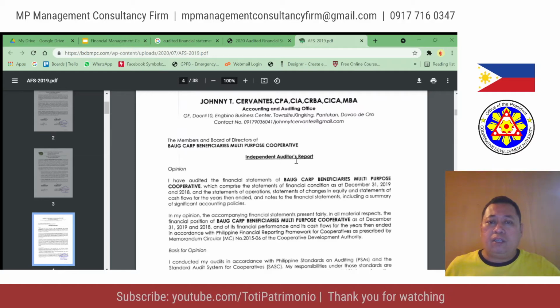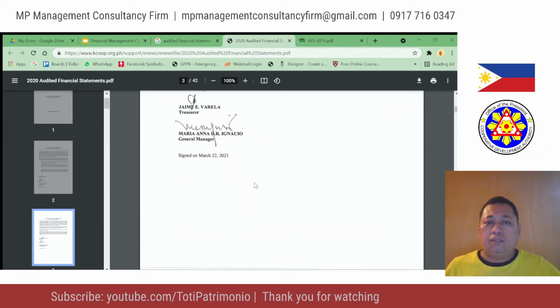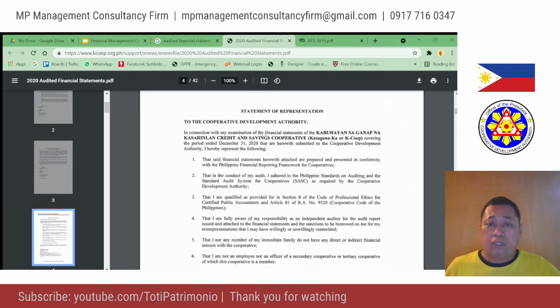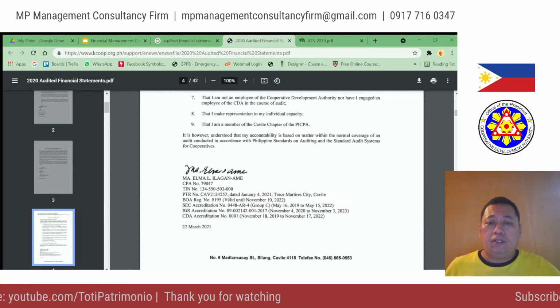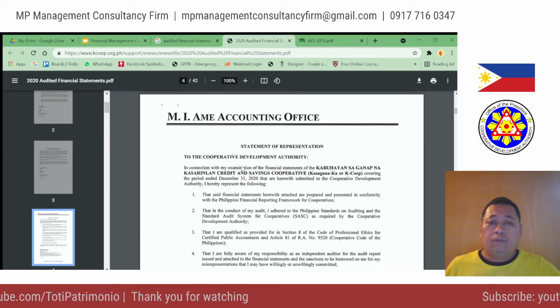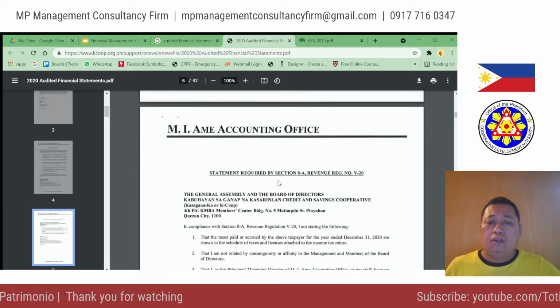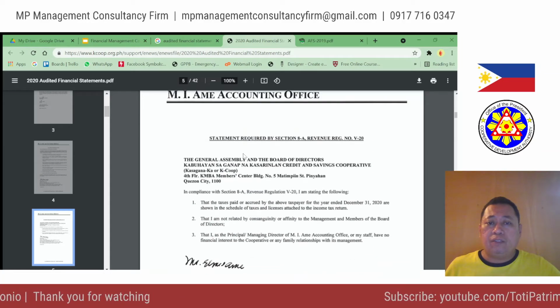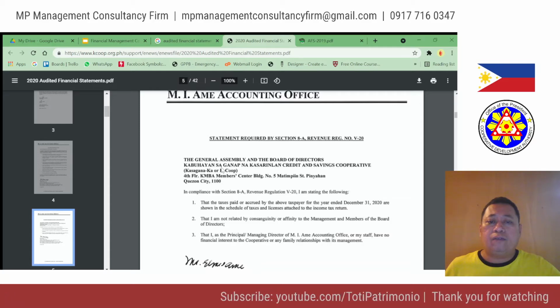Here now is the independent auditor's report. After that, we also have another statement of representation of the external auditor to the Cooperative Development Authority. After that, the statement required by Section 8A Revenue Regulation number 5-20, the General Assembly and Board of Directors.